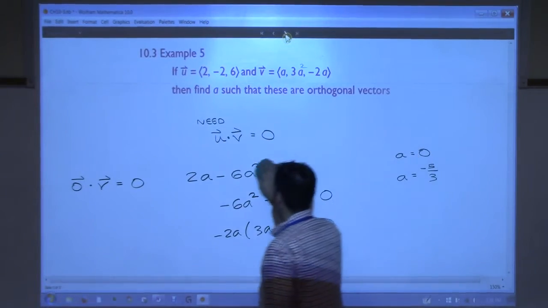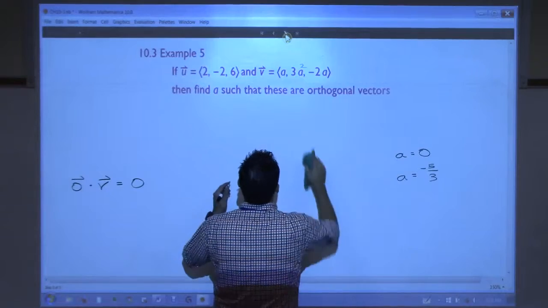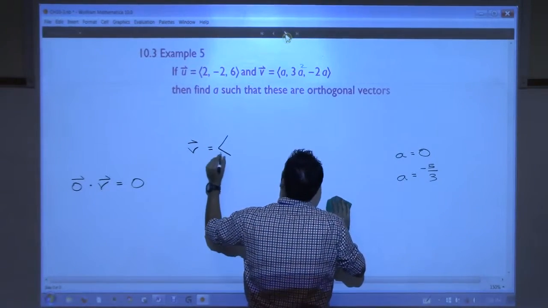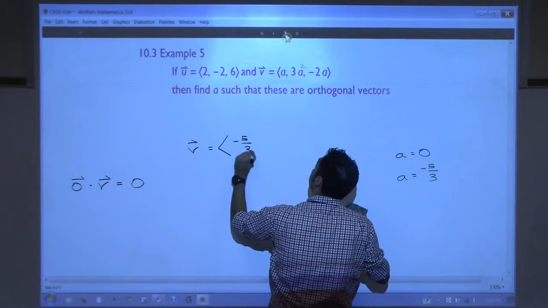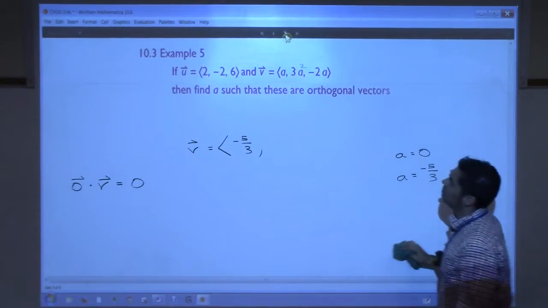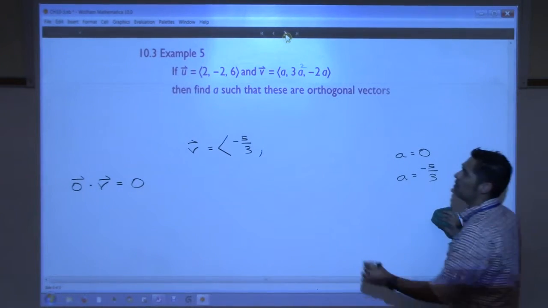So I'm claiming that if A is negative 5/3, that should work. So let's go back and rewrite that vector V. Negative 5/3, and what? We have to do 3 times negative 5/3 squared.